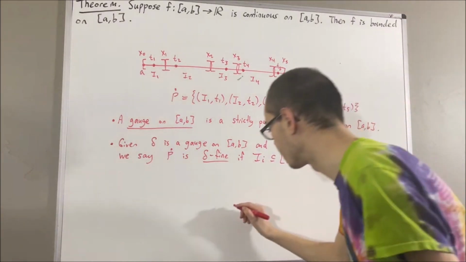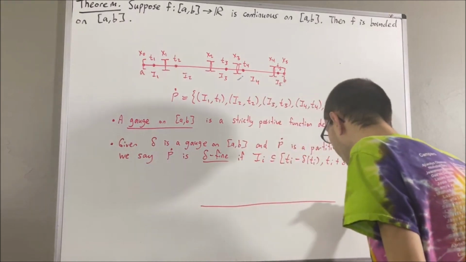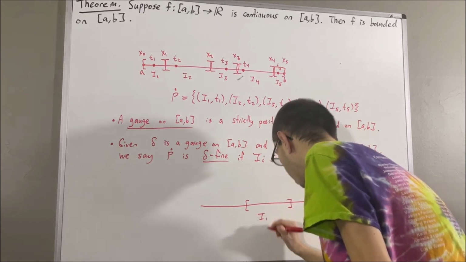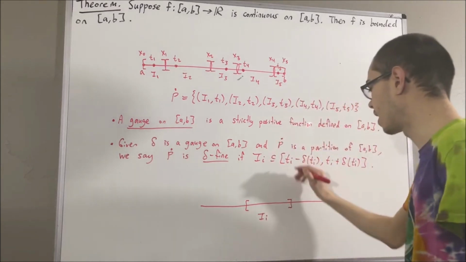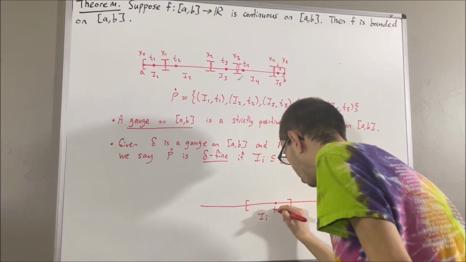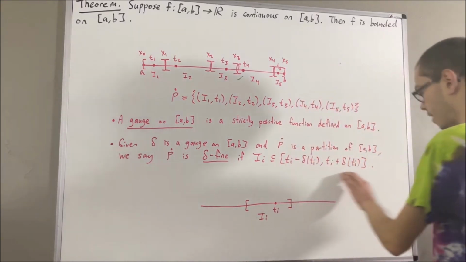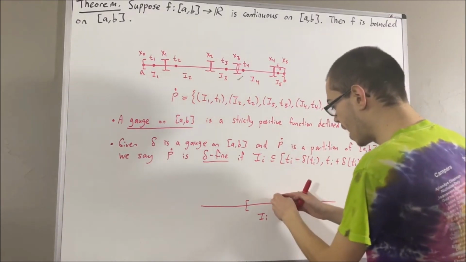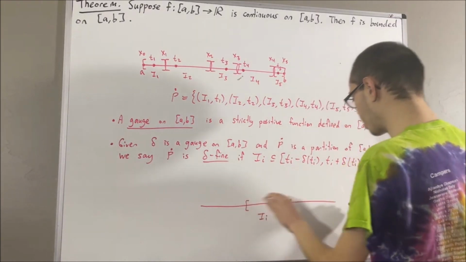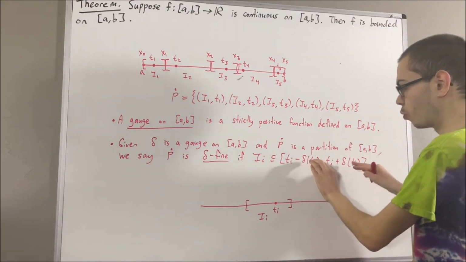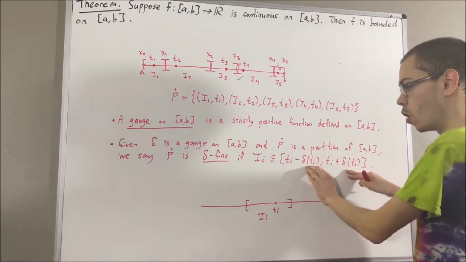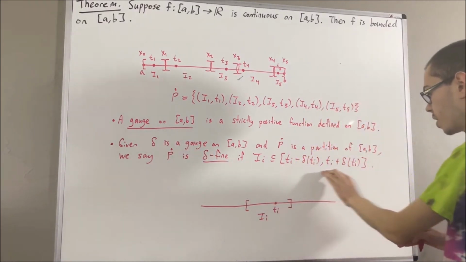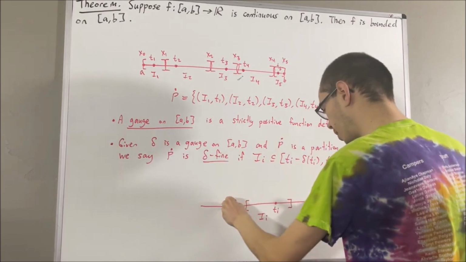The way you can visualize this is if we consider our subinterval Ii, which we'll say is right here, and we'll say that the tag ti is located right here. Well then, this interval is an interval centered at the tag, and its radius is precisely delta of ti, right? The radius is the output value when you send ti into the gauge function. So this interval, centered at ti, might look something like this.